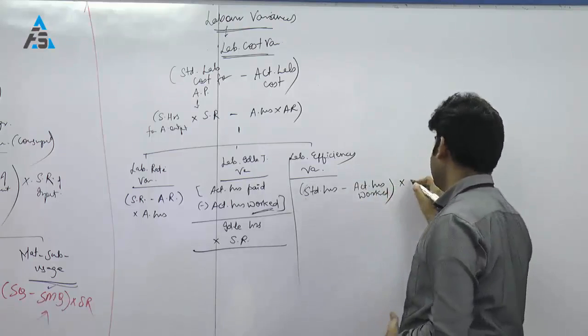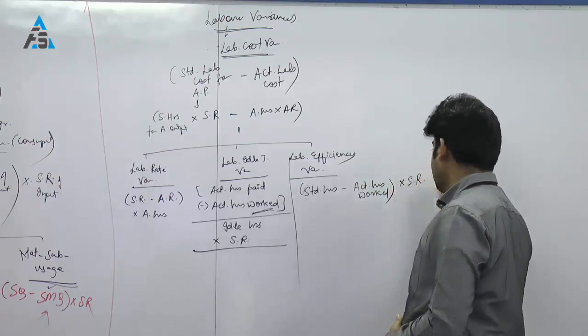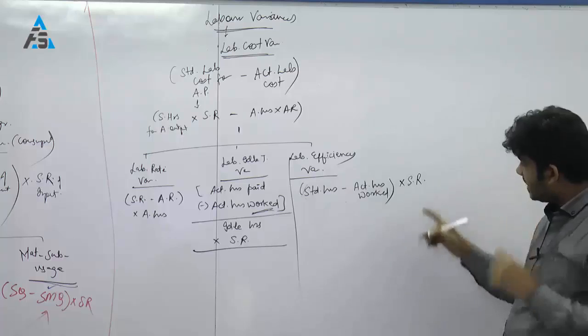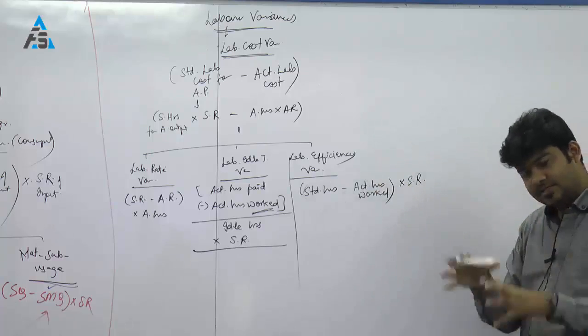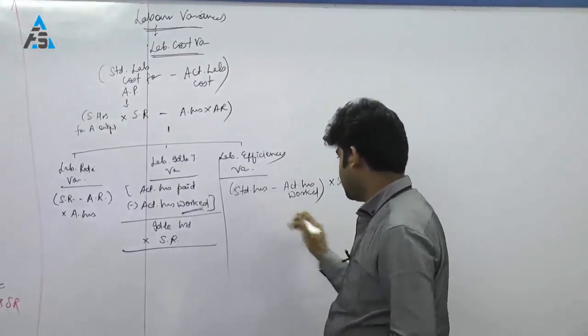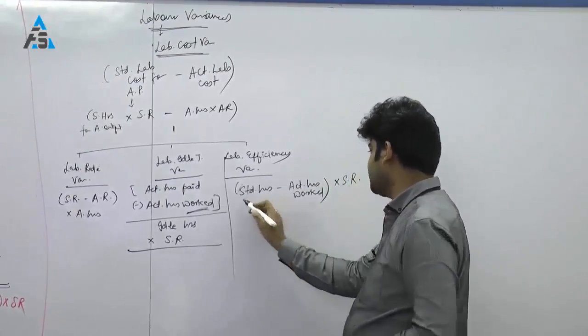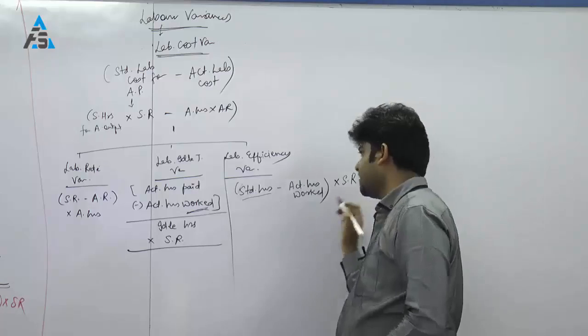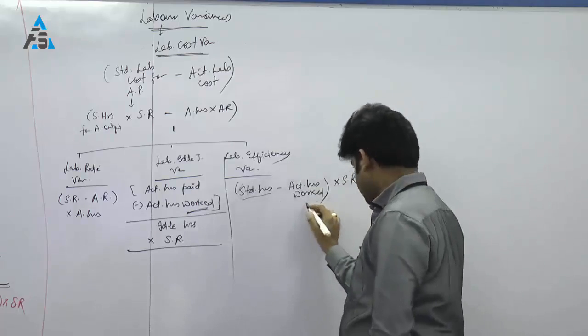It is going to be the standard rate, because the efficiency manager inside the factory is not aware of the outside things. So labor efficiency variance is standard hours minus actual hours worked into standard rate.